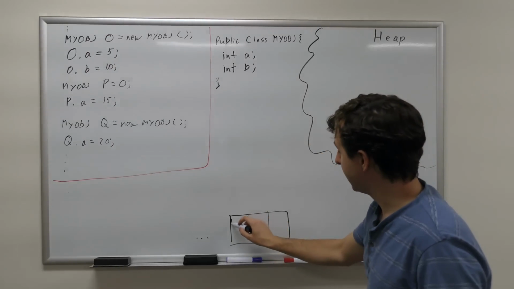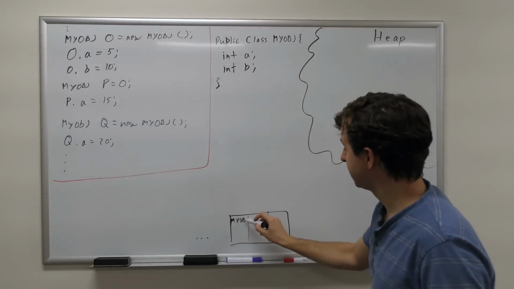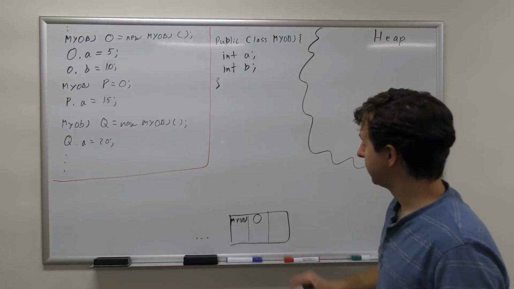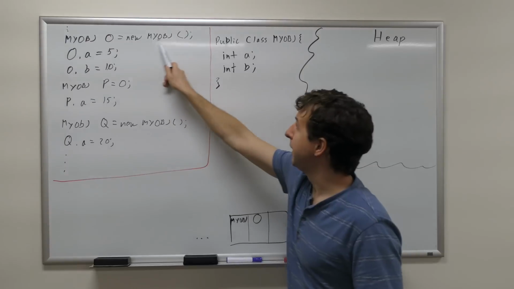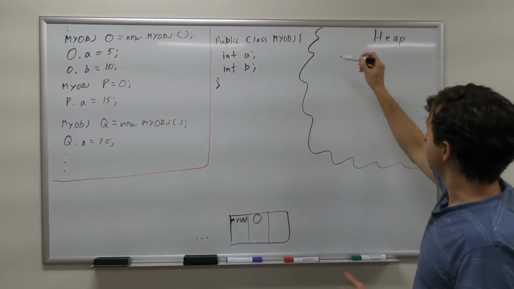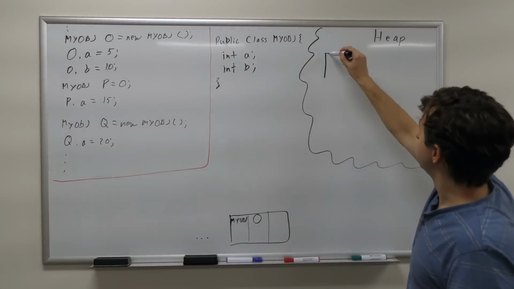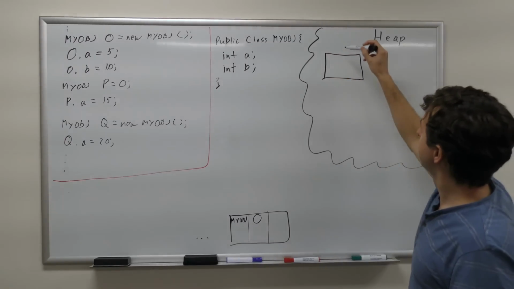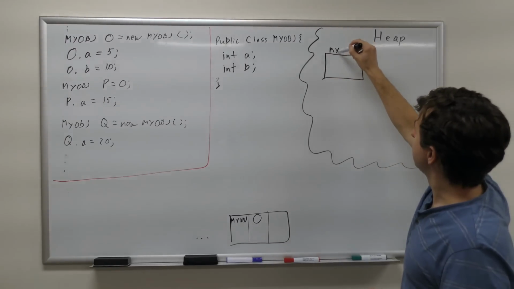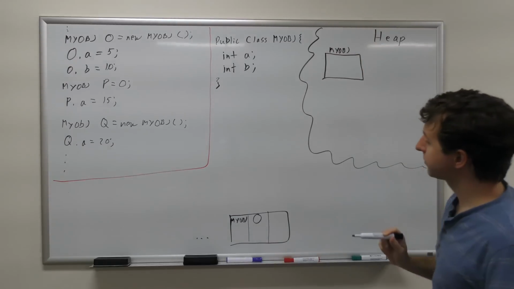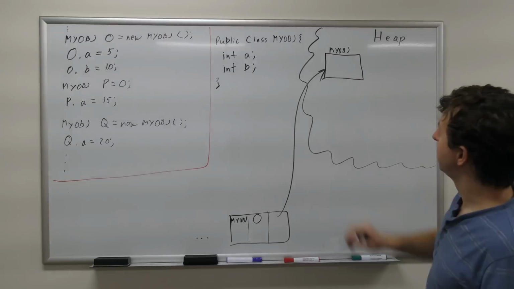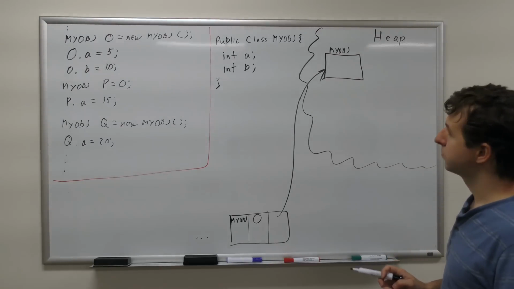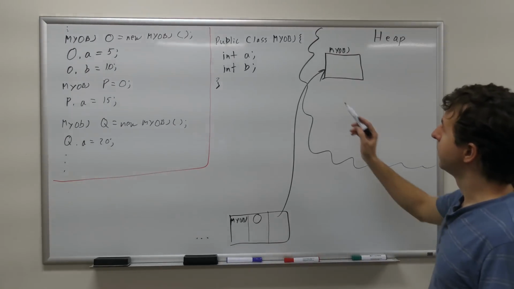MyObject o. So we have type MyObject. Name is o. Create a new MyObject object, which we know goes into the heap. I'm going to draw it as a square. It is of type MyObject. And as we saw last time, we're simply going to make a pointer there. Okay.